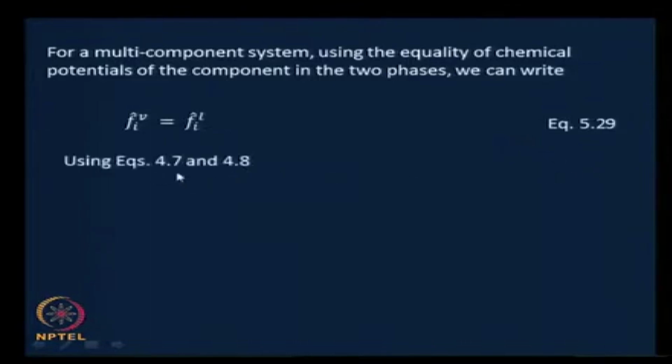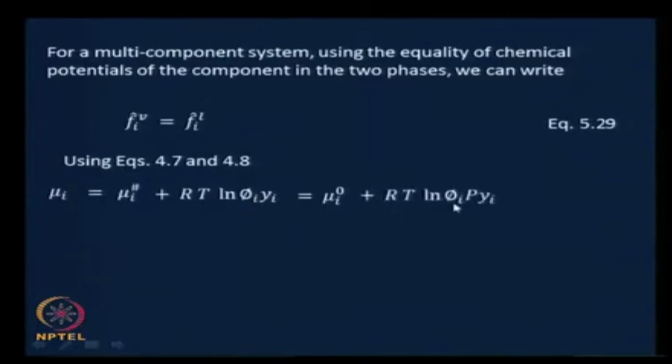and using equations 4.7 and 4.8 from module 4, you will realize what those expressions are. Mu I equals mu I hash plus RT ln phi I y I, this is what we got in 4.7, that is mu I naught plus RT ln phi I P y I, and mu I equals mu I hash plus RT ln gamma I xi.